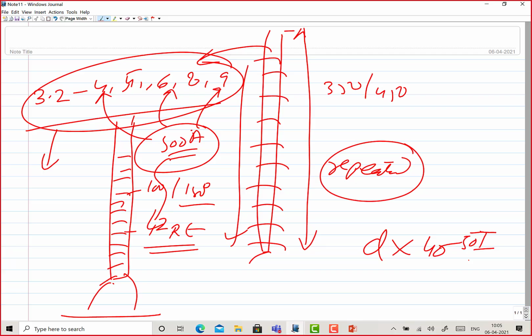Say if the electrode diameter is 3, maybe it can handle the welding current of say 120 to 150 ampere. If the electrode diameter is 4, maybe 160 to say 200 ampere. So this is a thumb rule only, like the welding current that an electrode can carry is about 40 to 50 times its diameter.